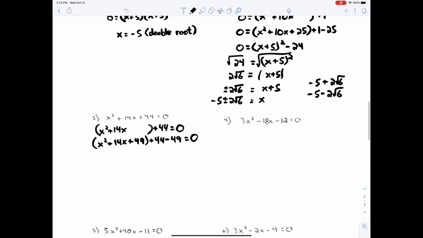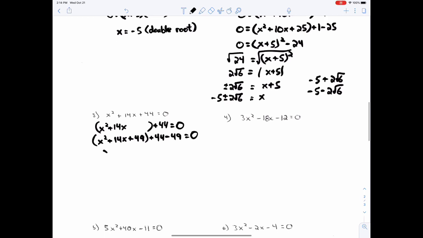Don't drop the 0. Then we get x plus 7 squared minus 5 equals 0. Now, let's get x alone. So we'll move the 5 over. Remember, when we're done, it's got to say x equals. Take the square root of both sides, and we get the absolute value of x plus 7, and again, you can skip that absolute value part.